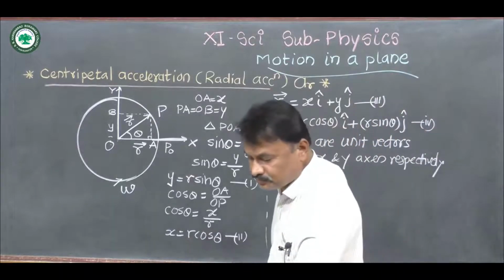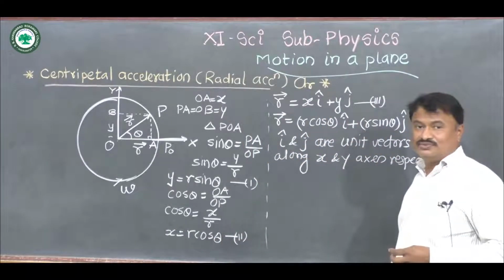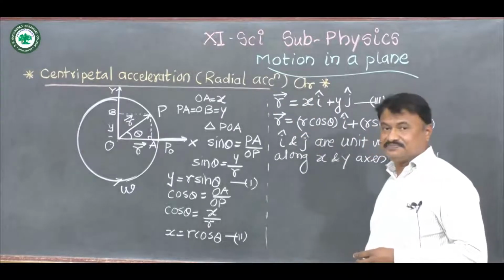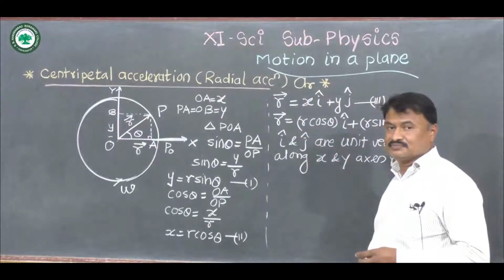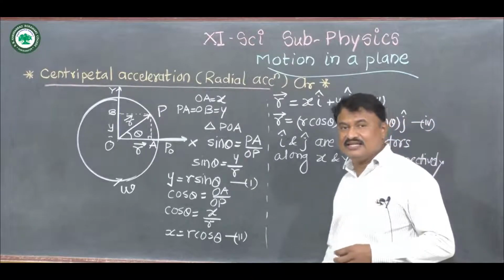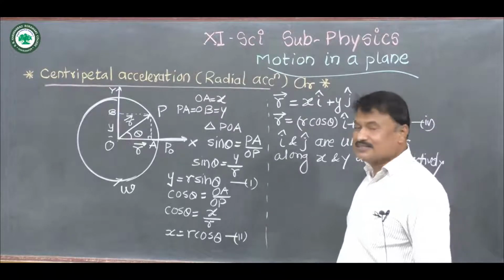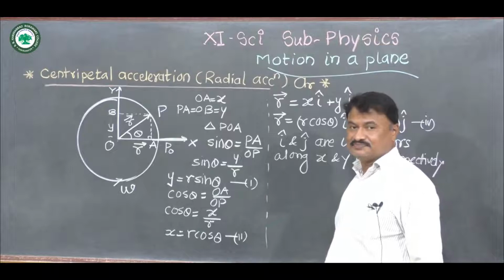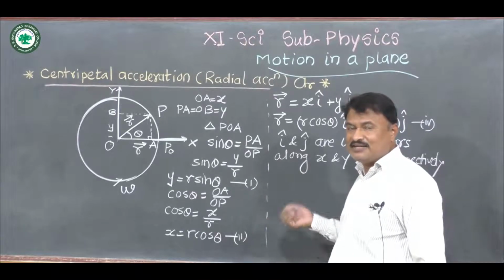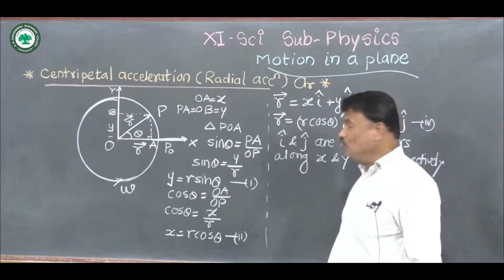Now we have to find the centripetal acceleration. We know that the rate of change of velocity with respect to time is called acceleration. The rate of change of displacement with respect to time is called velocity.